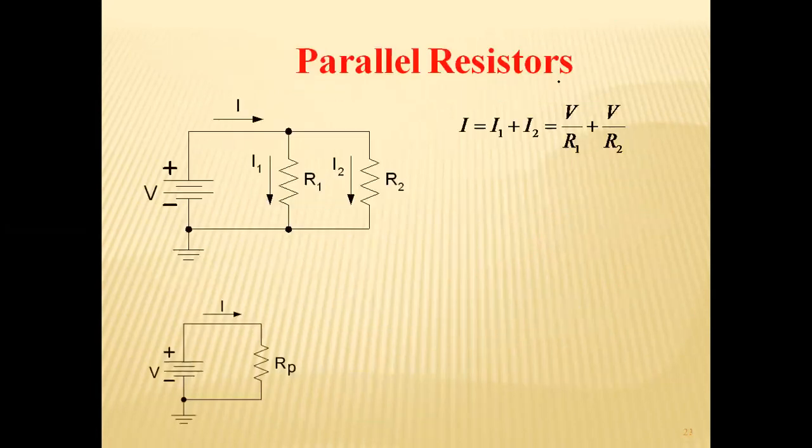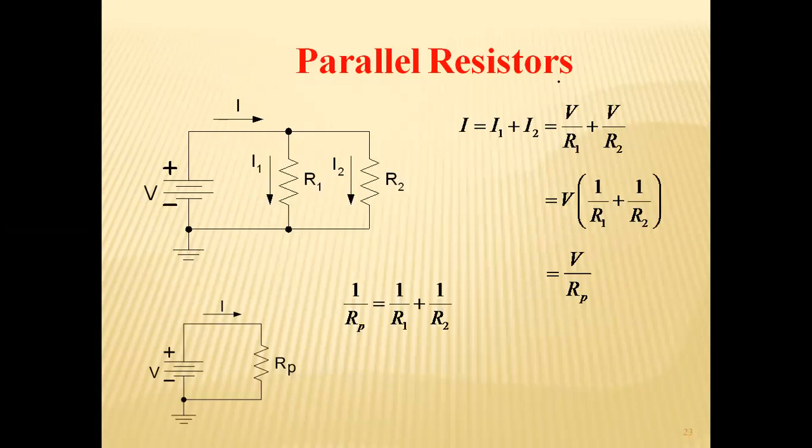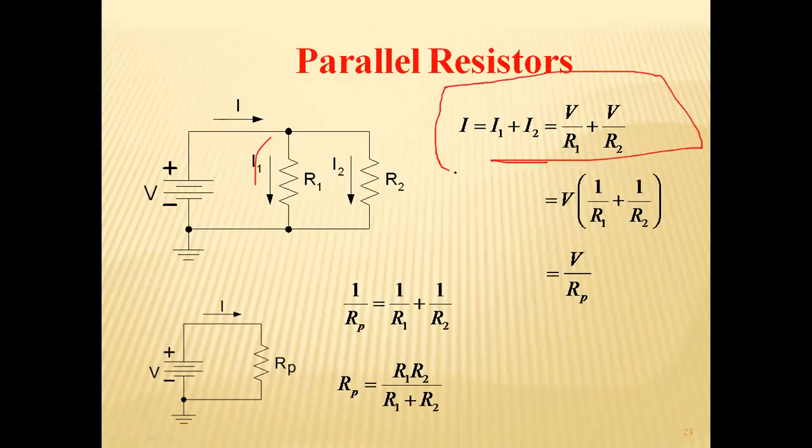Then for parallel resistors, you can see the circuit diagram. We have connected two resistors in parallel, and the total current will be I1 plus I2. Modifying this, V by R1 plus V by R2, or V times 1 by R1 plus 1 by R2, which is V by RP.